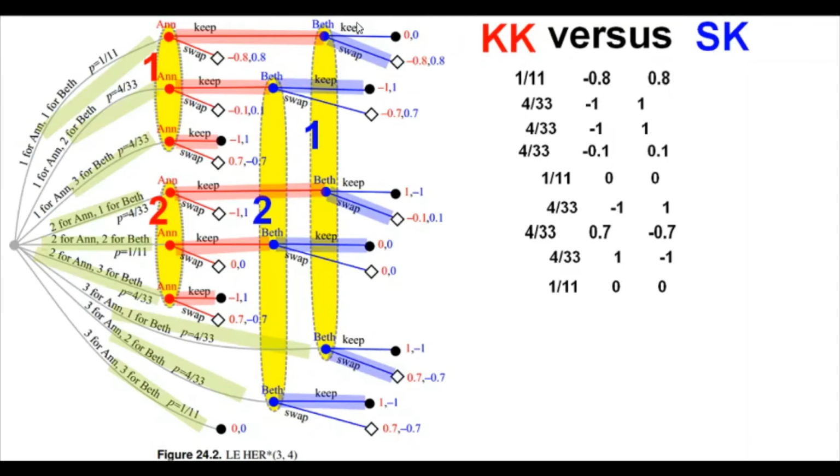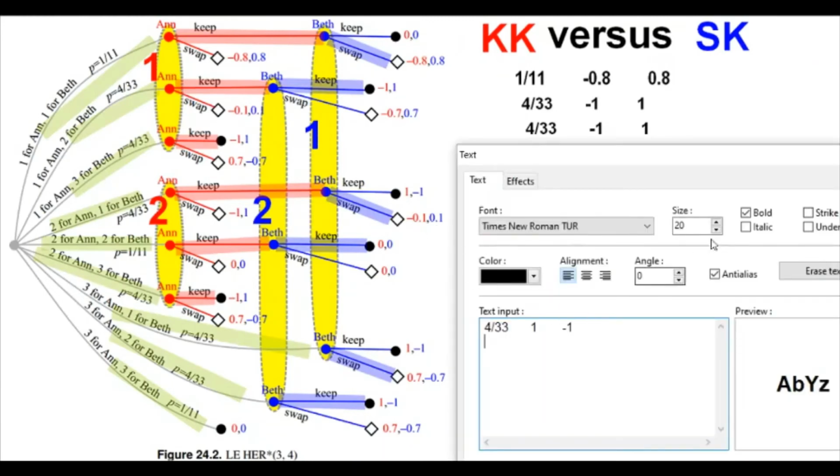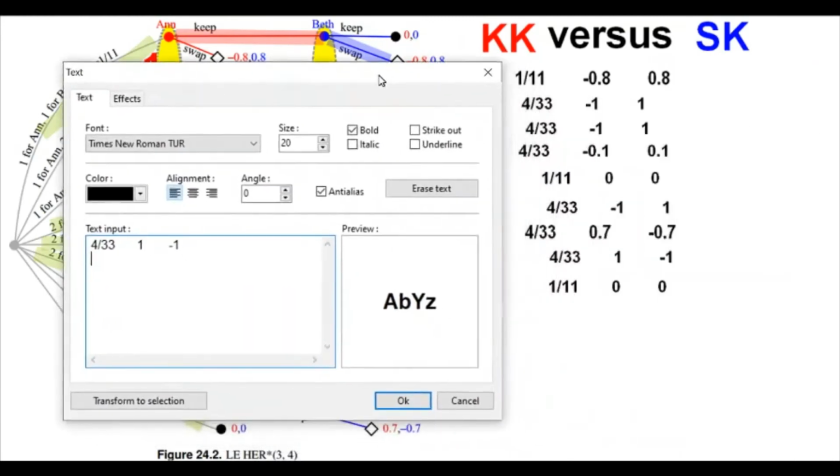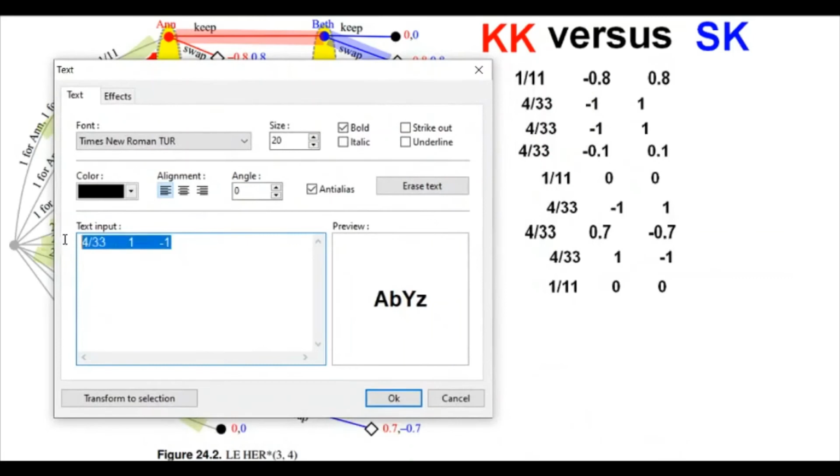So what is the payoff for Anne in this case? Let me just add all these numbers. Let me put it somewhere where we can see everything. So here the payoff is 1 over 11 times negative 0.8 plus 4 over 33 times negative 1. Let me put this all in parentheses to make it a little clearer.